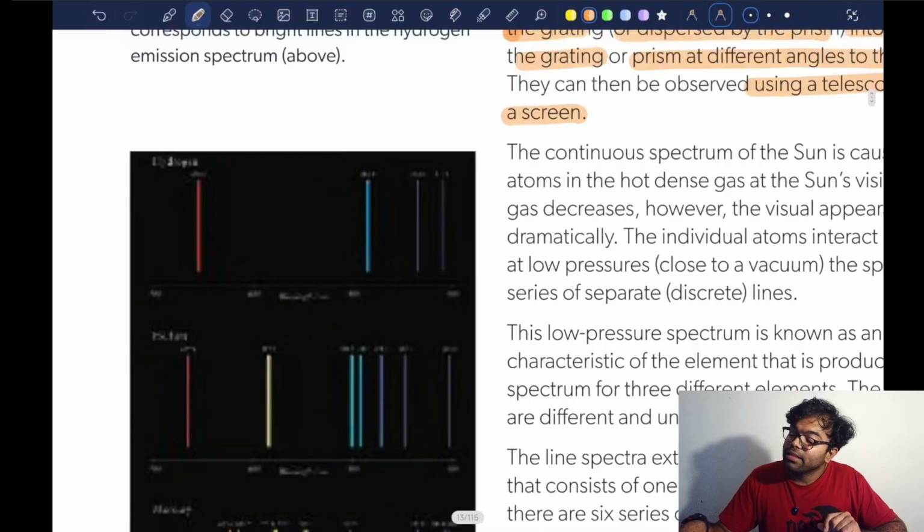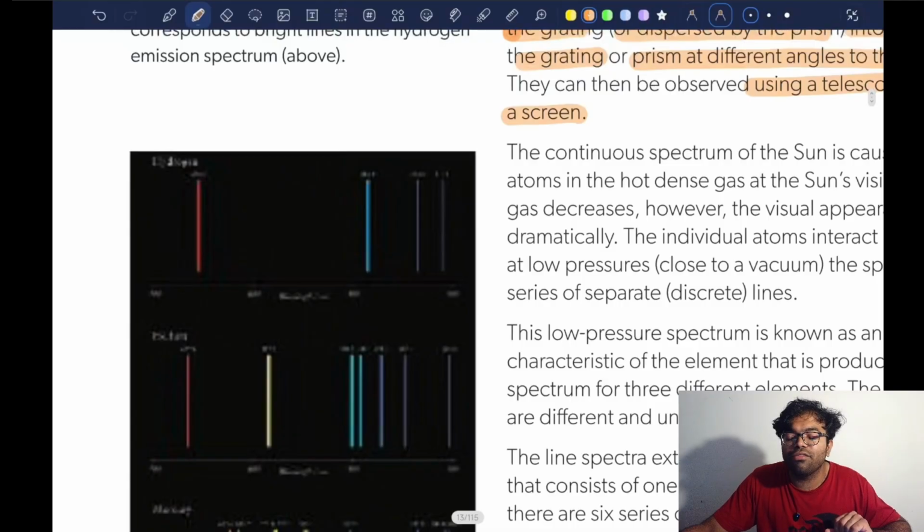Now, every element has a certain picture. If you observe the absorption or the emission spectrum of an element, you will observe that different elements have different pictures.